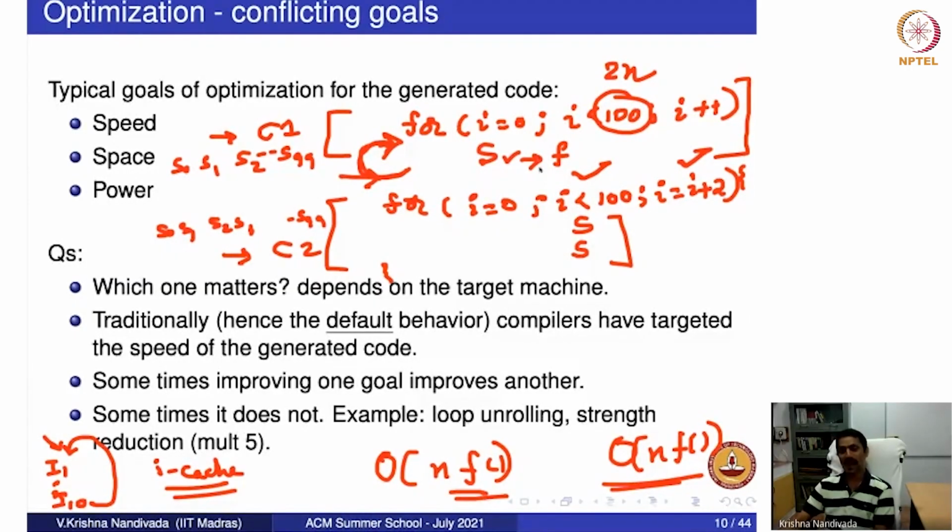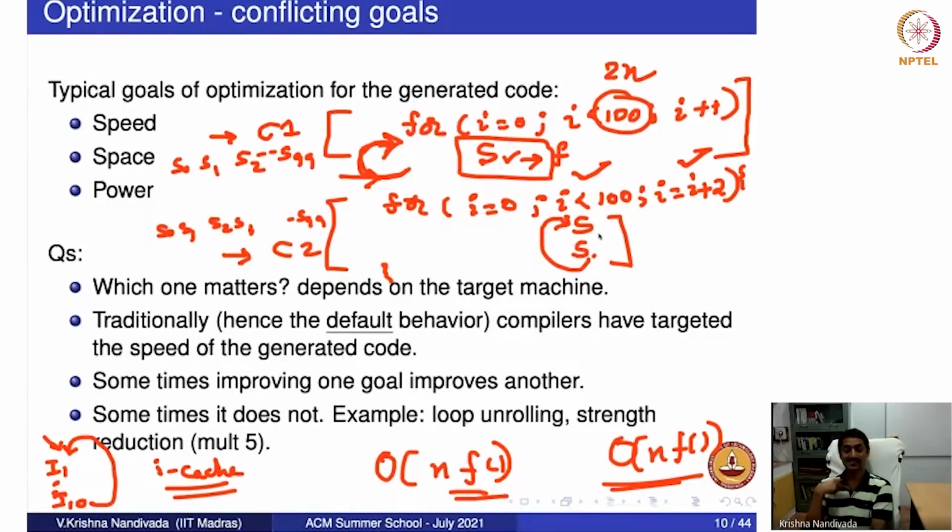See, maybe in my I cache, all the 10 instructions of S may fit. If all the instructions of S fit within my I cache, then perfect, I'm always within my cache. But let us say 20 instructions don't fit in my I cache. Then what will happen when I go to the second part and come back to the first? Few instructions have been evicted from my I cache.